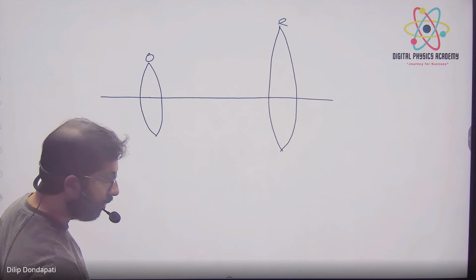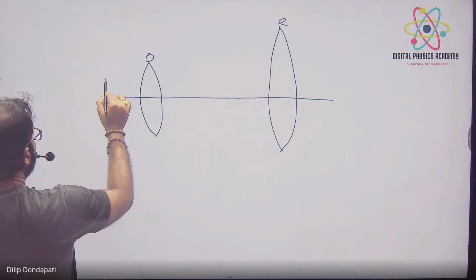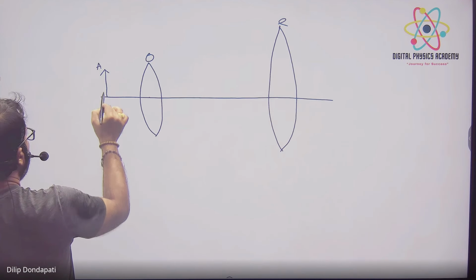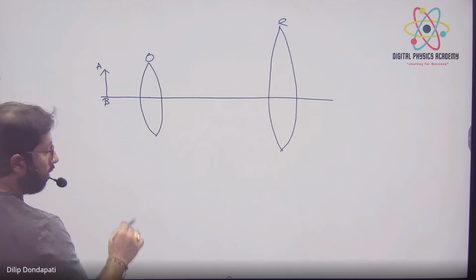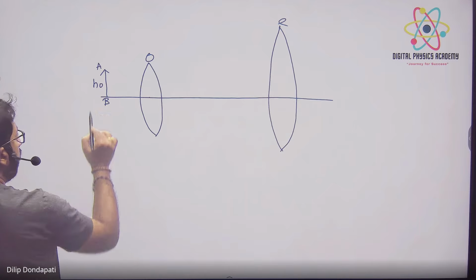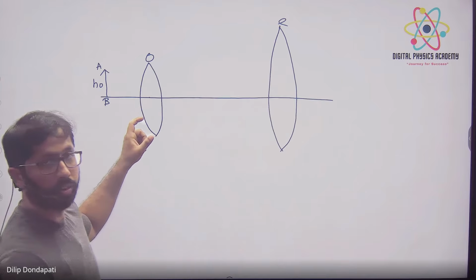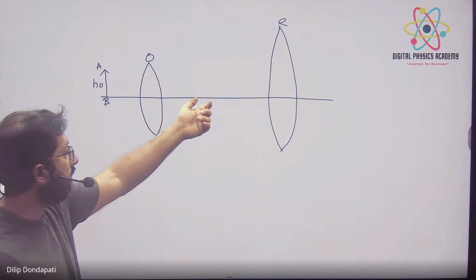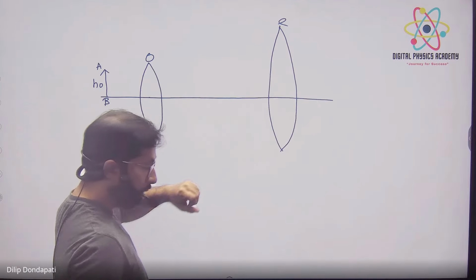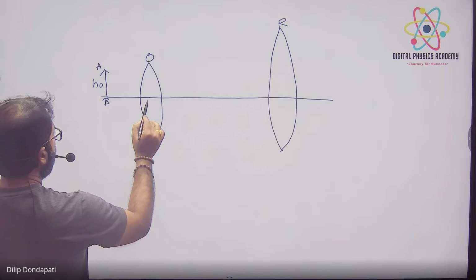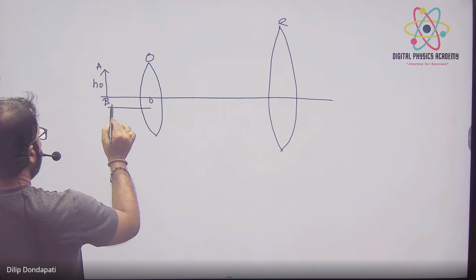Okay, चलो. Now I place an object like this, A, B, and इसको क्या बोलते हैं? HO, height of the object. Why we are putting suffix वो क्यों लगा रहे हैं? Object के पास जो भी parameters you are using वो suffix O. And इधर E का use करने वाला है suffix का. Okay, eyepiece का lens. And the distance between the optical center and the object is nothing but UO.